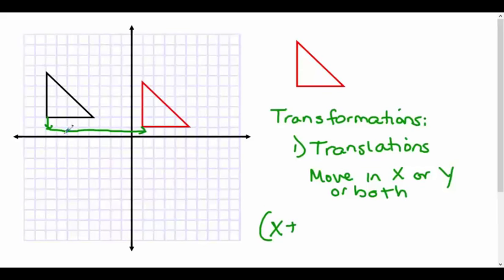So we moved 1, 2, 3, 4, 5, 6, 7, 8, 9. So it would be X plus 9 in the X direction. And then we shifted it down 1 in the Y, so it's just Y minus 1.